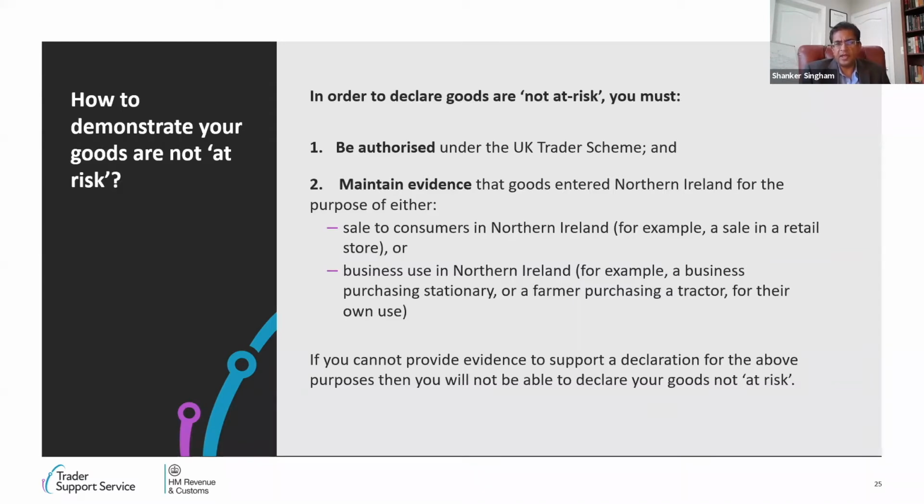You do need to maintain evidence of sale to consumers or business use in Northern Ireland or own use in Northern Ireland. And you can't use this if you have no evidence of goods not at risk. So this is not a check the box exercise, this is an actual assessment that is made by HMRC. You go to the next slide, please.